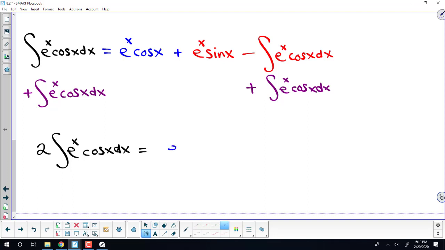This e to the x cosine plus e to the x times sine. I'm being a little sloppy with the constants. We'll just put it in at the end. So all we need to do is solve for that integral and divide everything by 2.